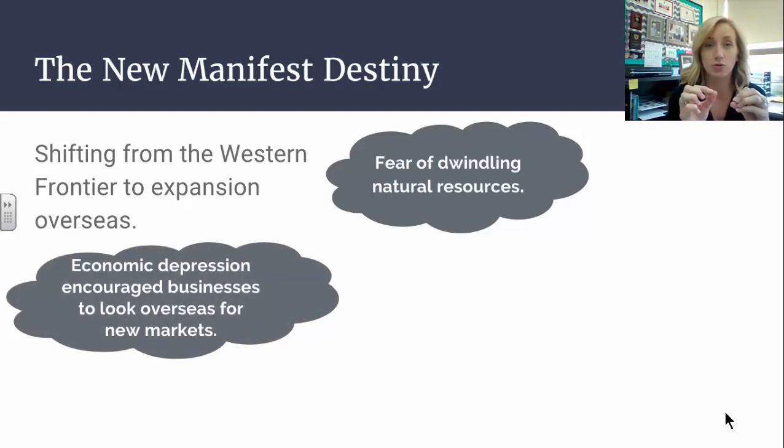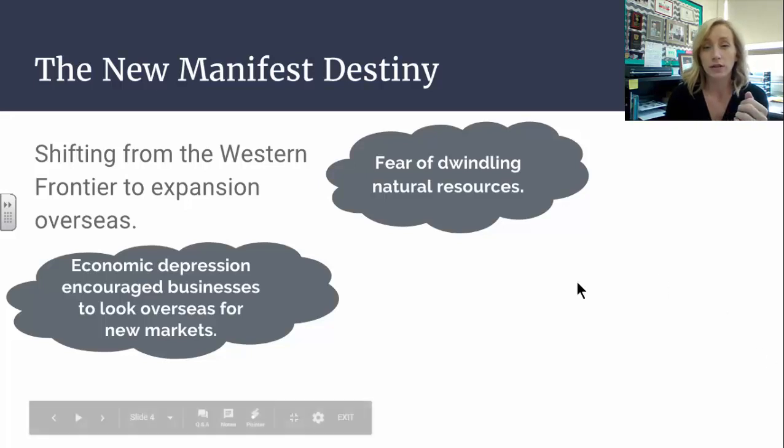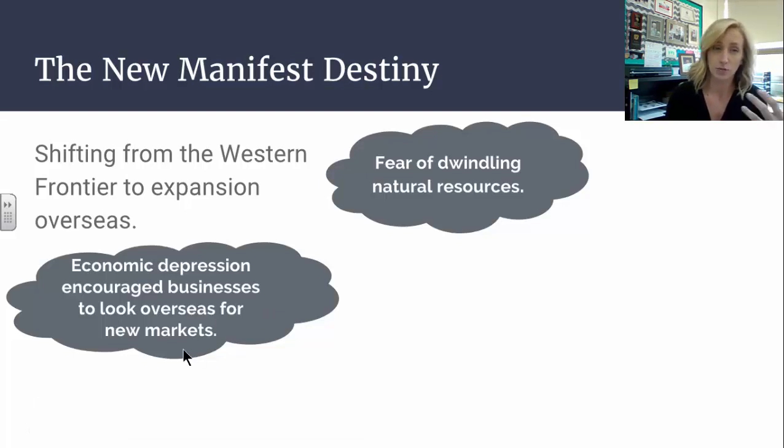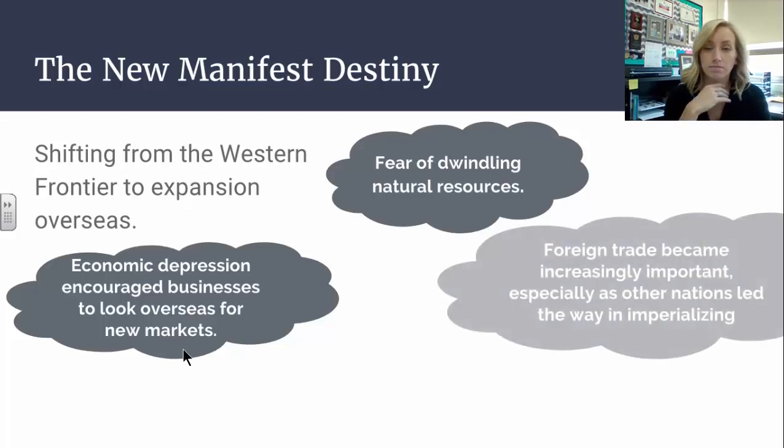And this was a huge one: the United States was looking for new markets for the products that it created in industrialization. So dwindling natural resources because of industrialization, and the products we were making, we were wanting to find new markets, all of which fueled imperialism.